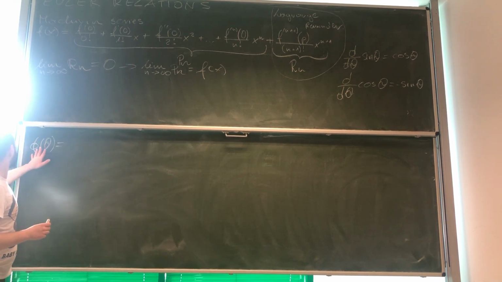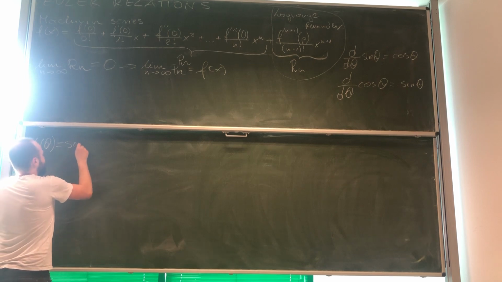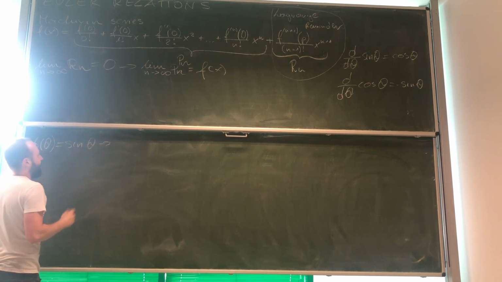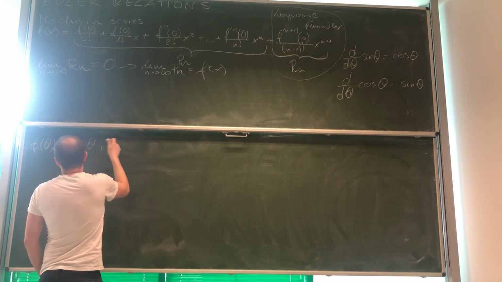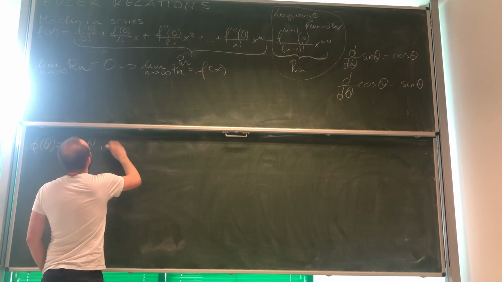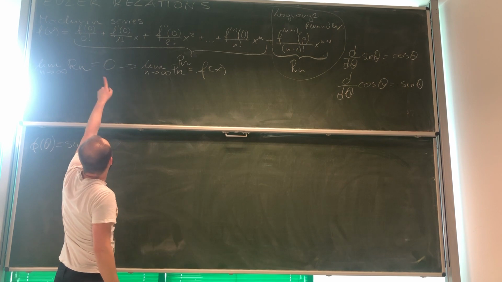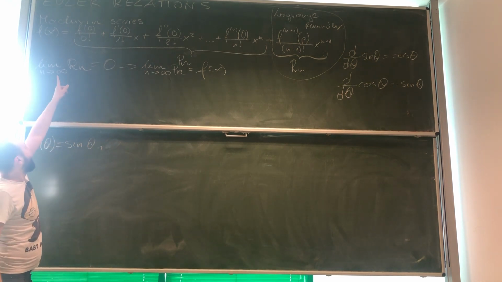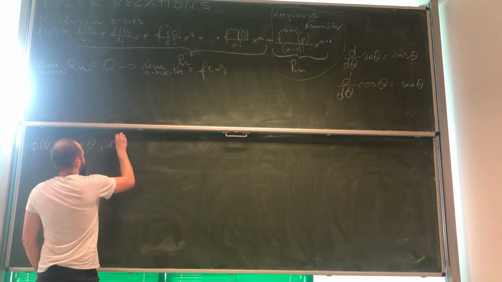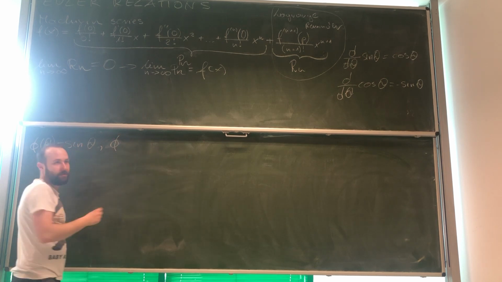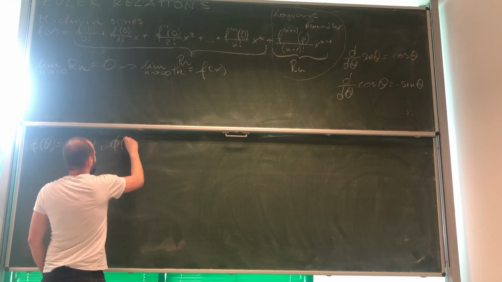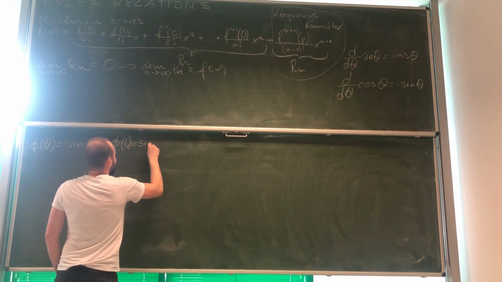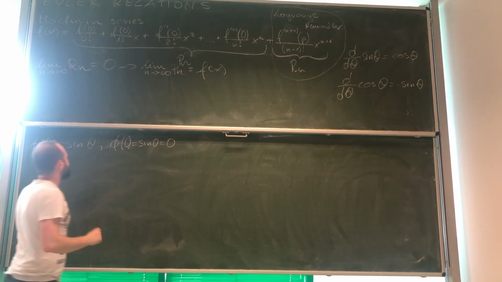Phi of theta is simply sine theta, but in this case, we need to also calculate the value of the function at 0. Phi of 0, which is sine 0, is equal to 0.